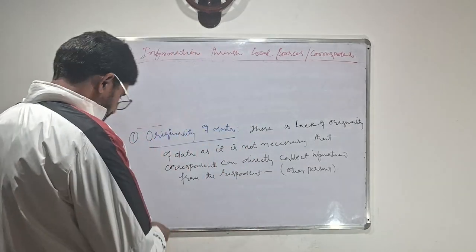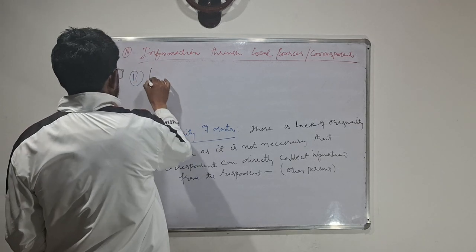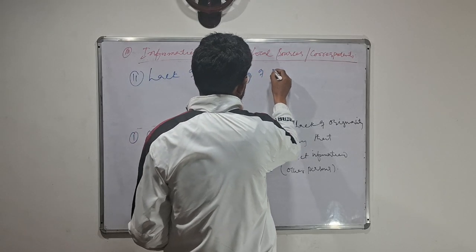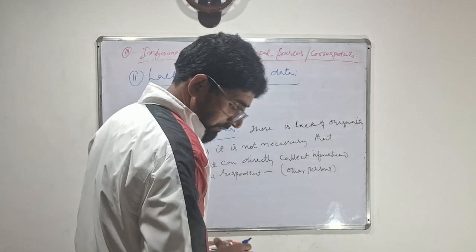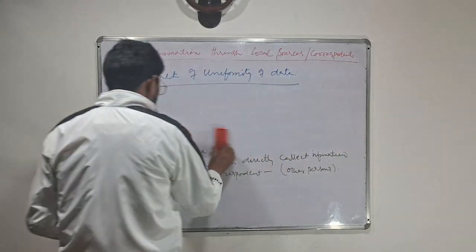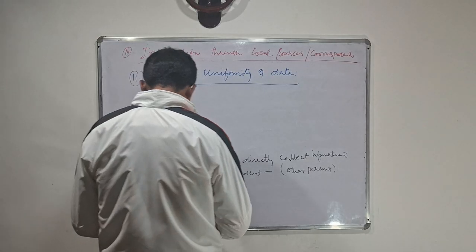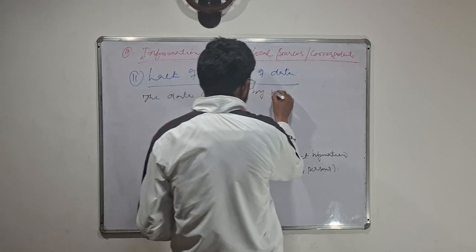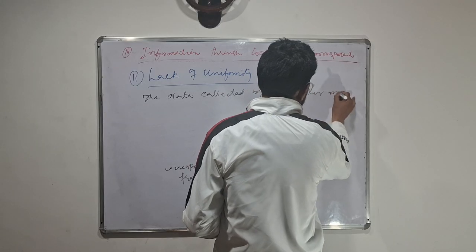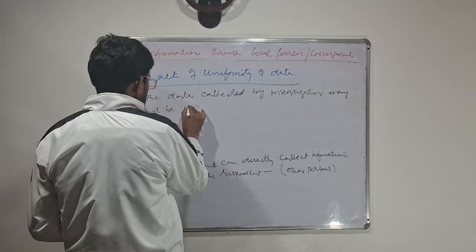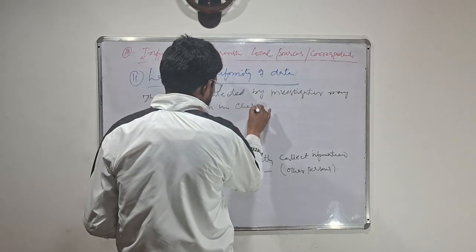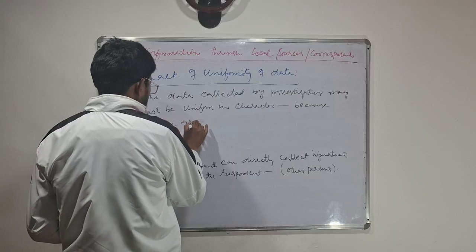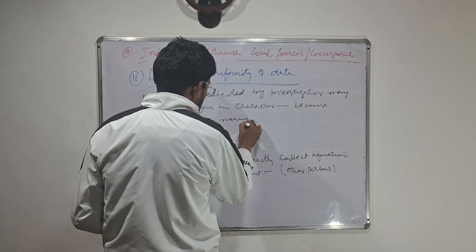Second one, lack of uniformity of data. As the data collected by the investigator may not be uniform and correct because there are too many correspondents.